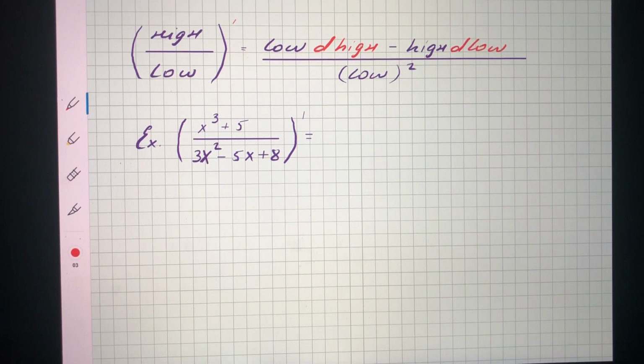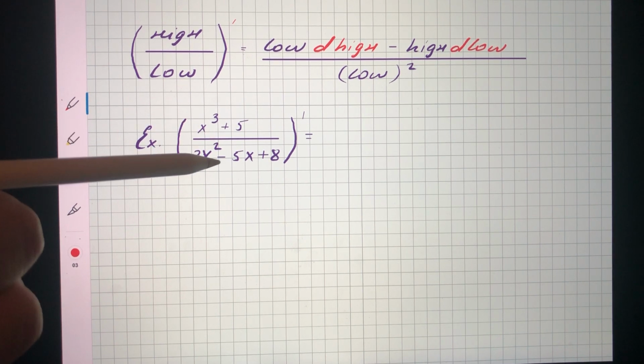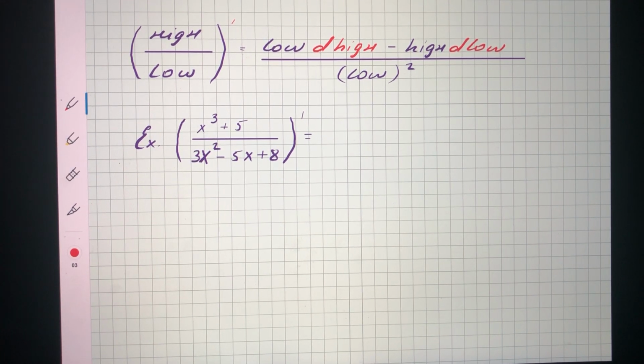So here is an example. We have the low function, the top function, and our rule says we take low, so we copy the low, 3x squared minus 5x plus 8, times derivative of high. So let's just write out what that would look like.